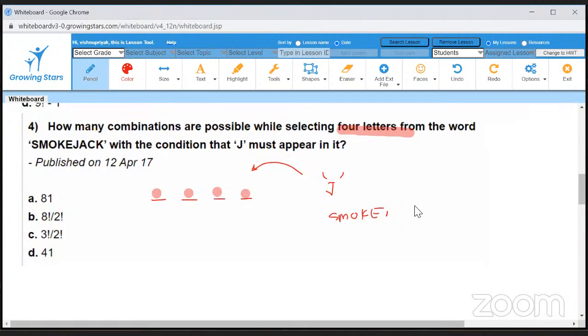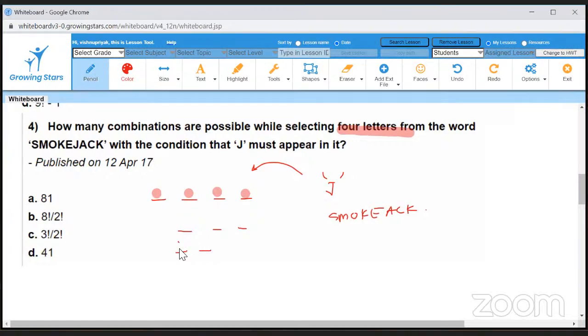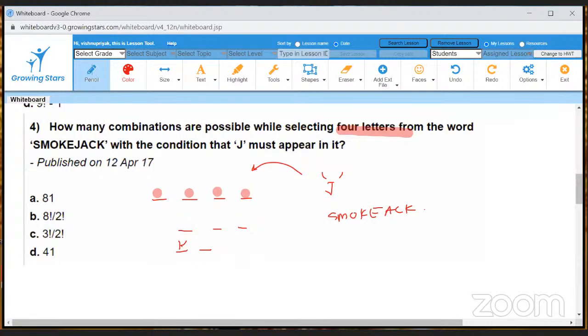J is already there. So now we have S, M, O, K, E, A, C, K. Only these letters we have. And because one place is already occupied by J, we have only 3 places. We need only 3 letters. So if we need only 3 letters, we have different cases. Let us take the first case where we are taking 2 Ks.